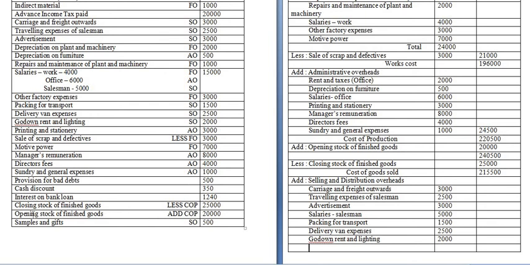Now last point is samples and gifts. Amount is 500. Okay. Go through the problem. If any expenses we have left out. If not, make total of these. Total is 20,000.